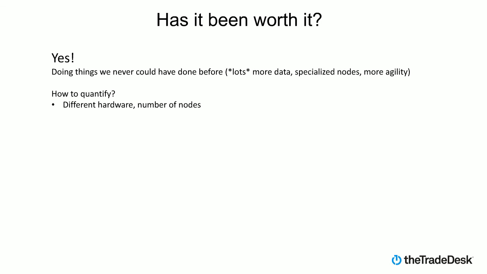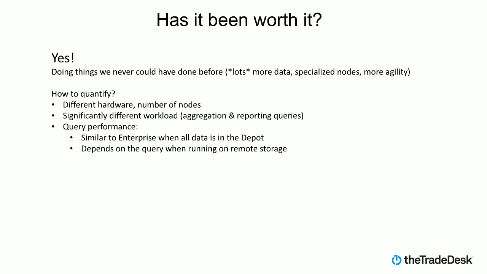The number of nodes is different. The hardware is different. So there are significant differences between enterprise and Eon, and we combine them together to do the entire workload. But Eon is definitely doing the majority of the workload. It has most of the data. It has data that is much older, so it handles the heavy lifting.